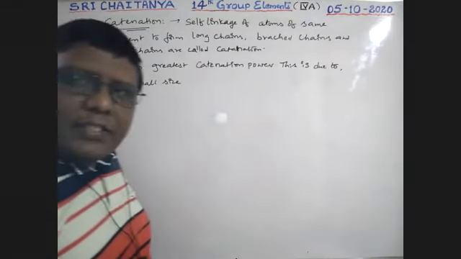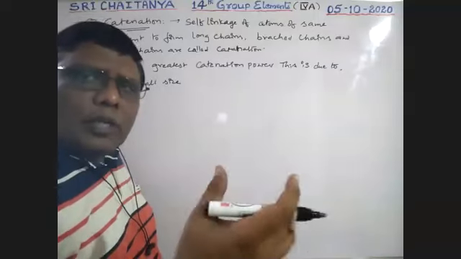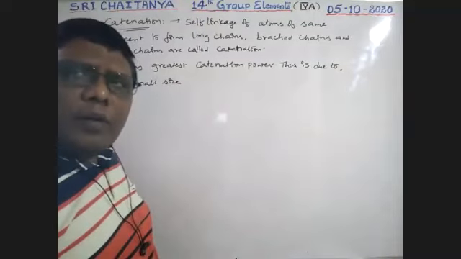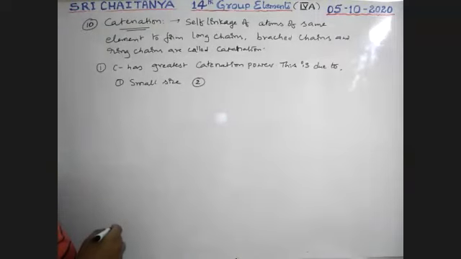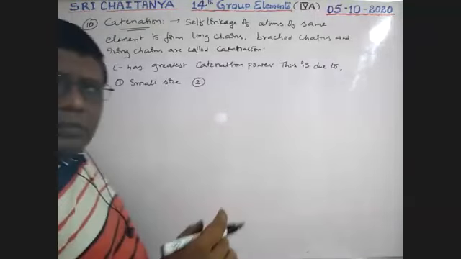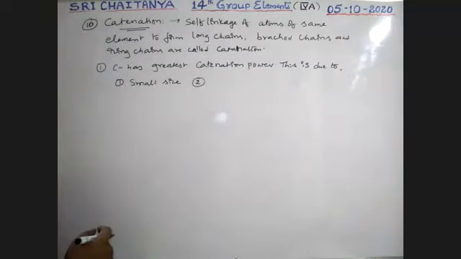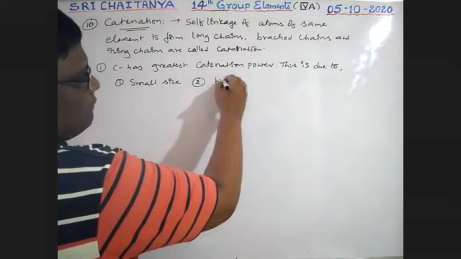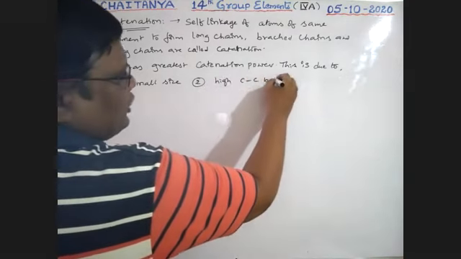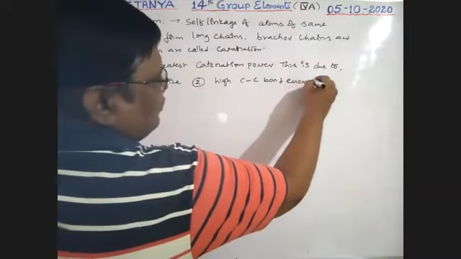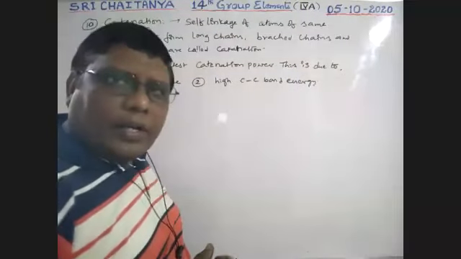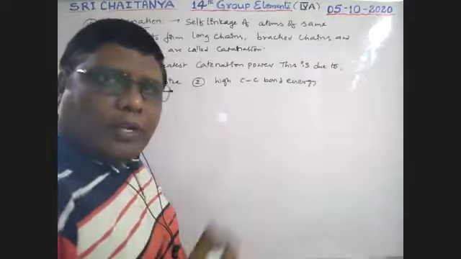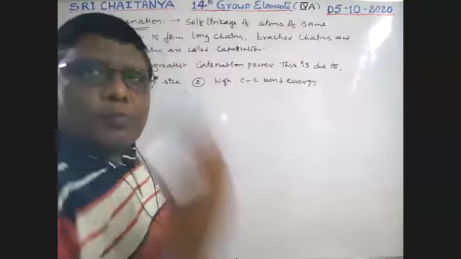Because of small size, it is easy to involve in bond formation. Second, small size and high C-C bond energy. High bond energy means the bond is strong. A strong bond is formed between carbon and carbon. Because of that, self-linkage is possible.